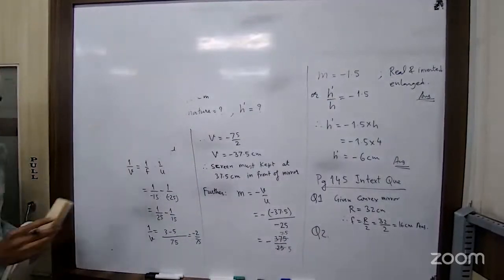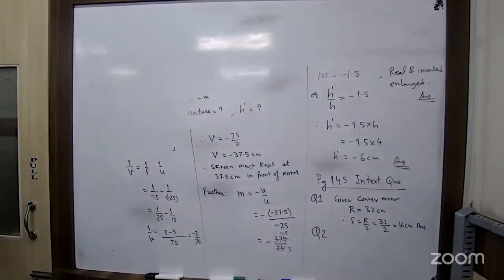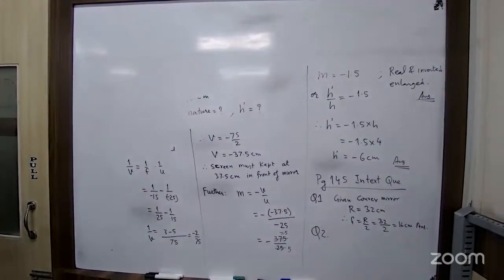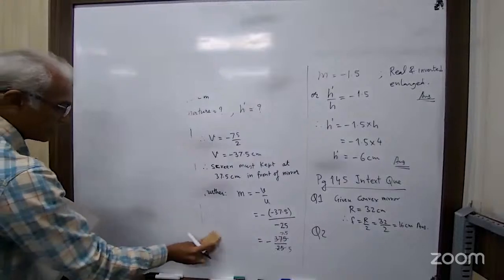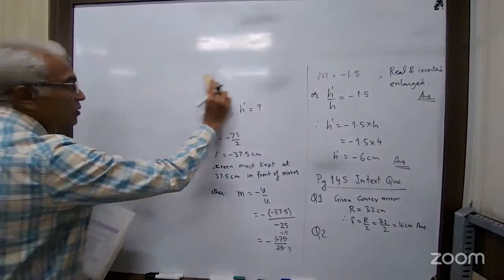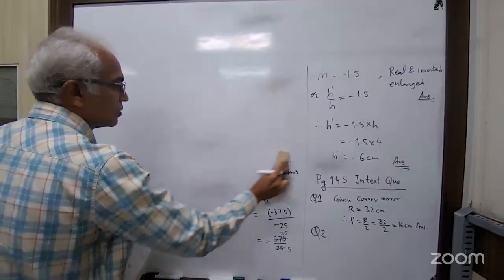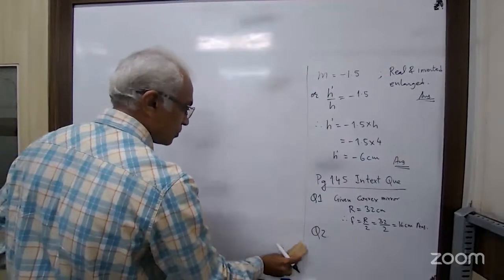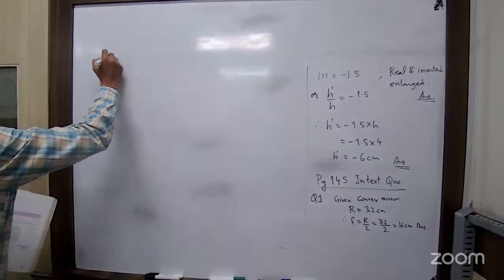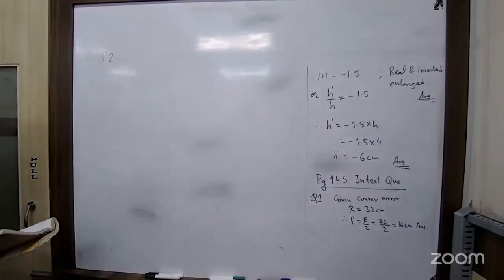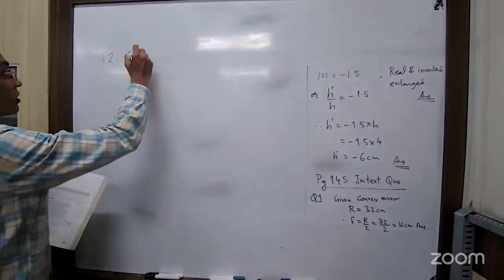So if you have understood the concept, all questions will be child's play. Let me do it for you. Question 2. First of all, it is a concave mirror.